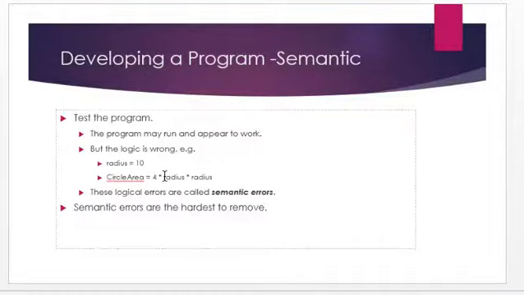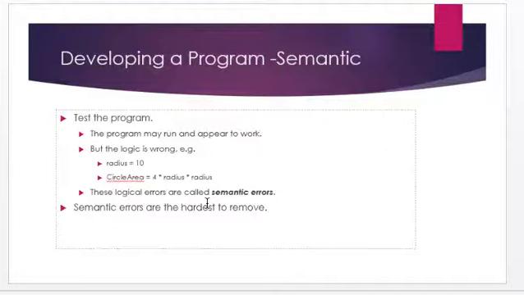At runtime, it will run because this is quite simple. The radius is present, and it's meant to take the radius as input, and it will give you a result. But the result is actually wrong, as opposed to if you were to do this by hand.